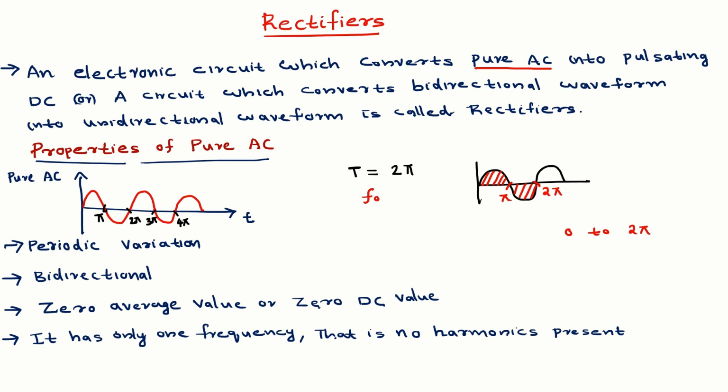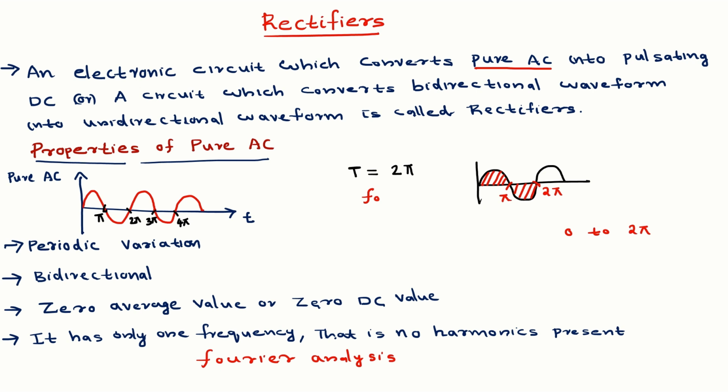So how do we find the fundamental frequency of a signal, or verify that the signal contains only one frequency and no harmonics? To find the frequency components present in the waveform, we can use Fourier analysis.